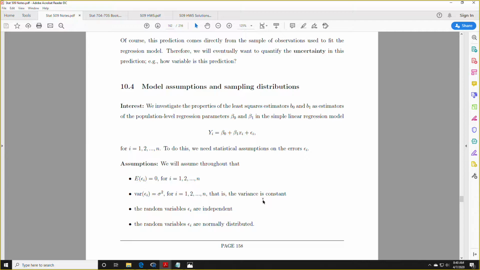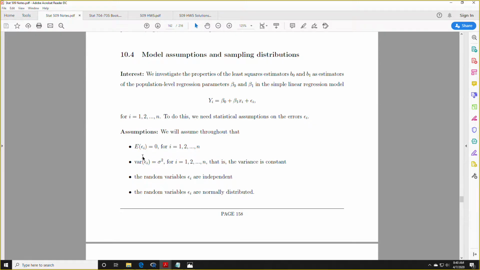So some assumptions we briefly talked about. All of these assumptions are going to be about the random error term epsilon. If we think about having an entire data set, we can label each observation with a subscript i. So if we have 20 observations, little n would be 20, and we would have y1, y2 up to y20, and x1, x2 up to x20, and the same thing with the epsilons, the random errors.